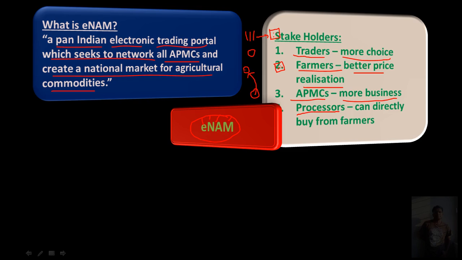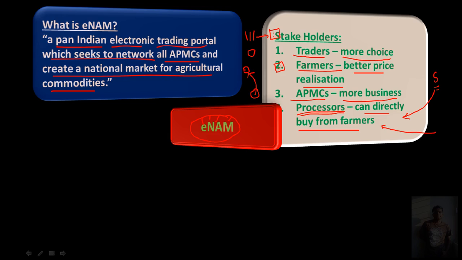Finally, even the processors can be benefited because suppose I am a food processing industry. Let us call me Slice. I process mangoes. Now Slice can directly register itself as a trader and can directly buy from farmers. Or suppose, let us take some other example. Suppose I am a jam maker and I want to buy some fruits, so I can directly buy from the APMC.